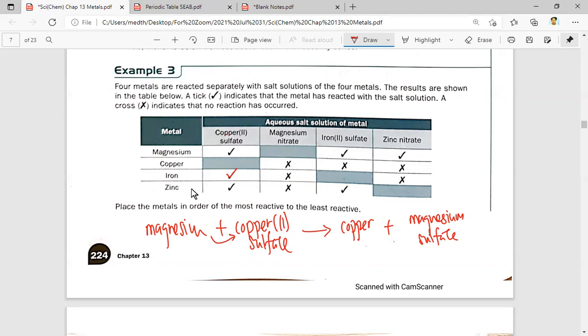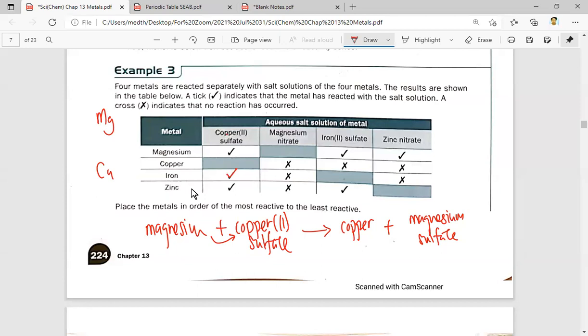Next one, magnesium nitrate. You realize when I put copper, iron, and zinc in, none of them could displace magnesium, which tells me magnesium is the most reactive one. Copper, because it can be displaced by all, must be at the bottom. Now I'm left with iron and zinc, which are going to be in the middle. Magnesium can displace iron. Copper cannot, but zinc can.